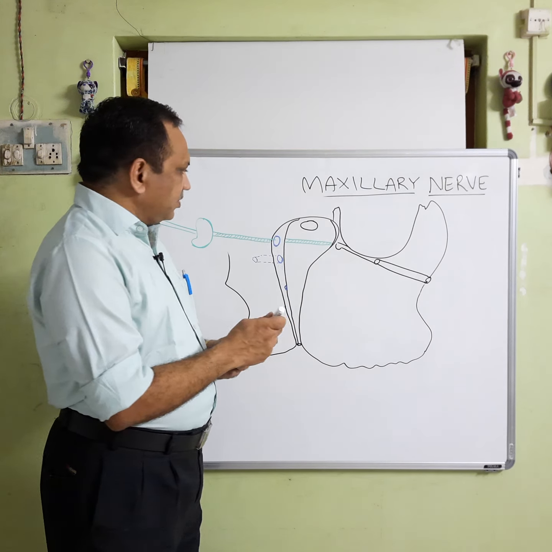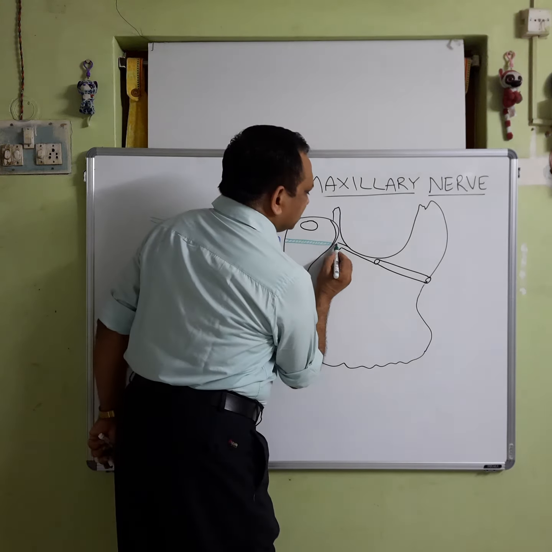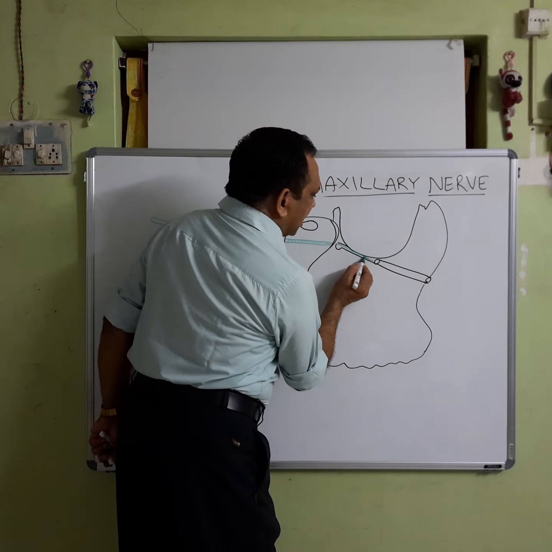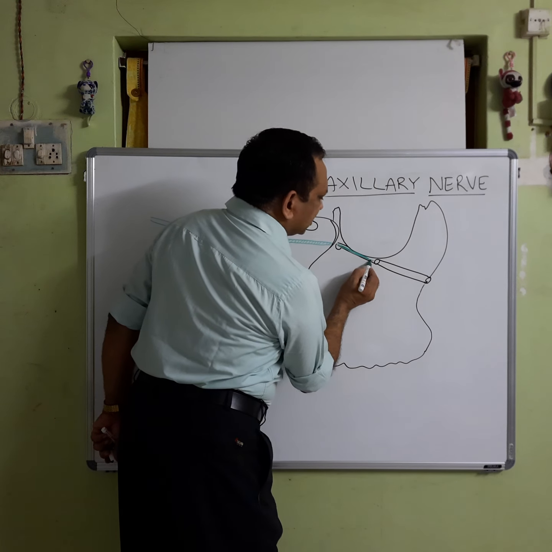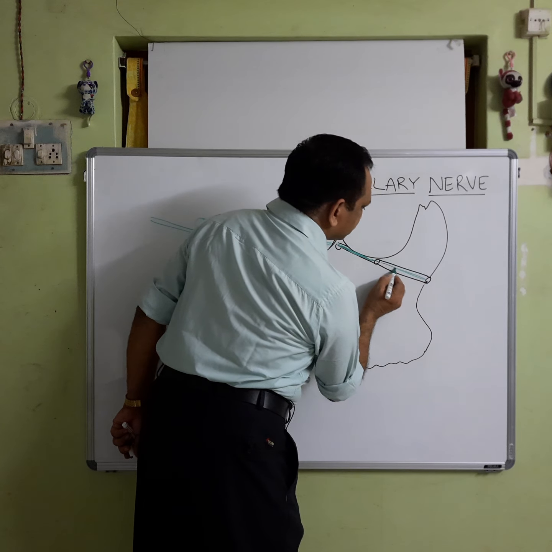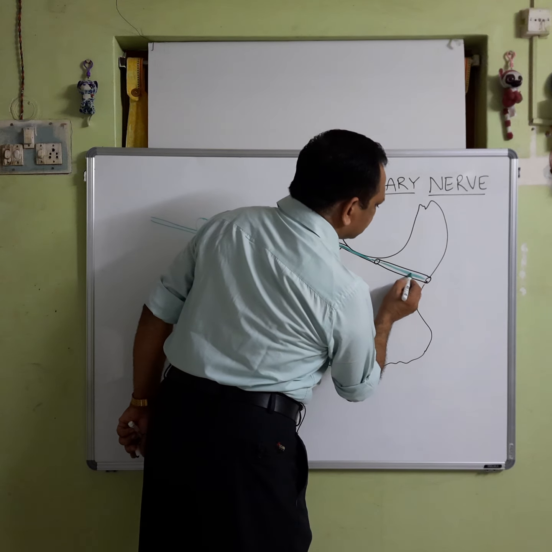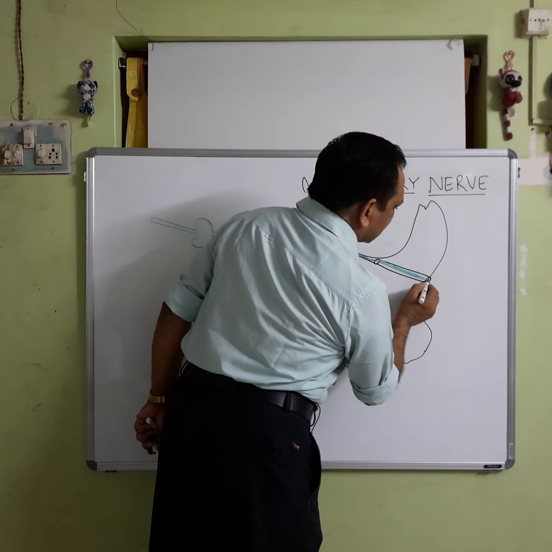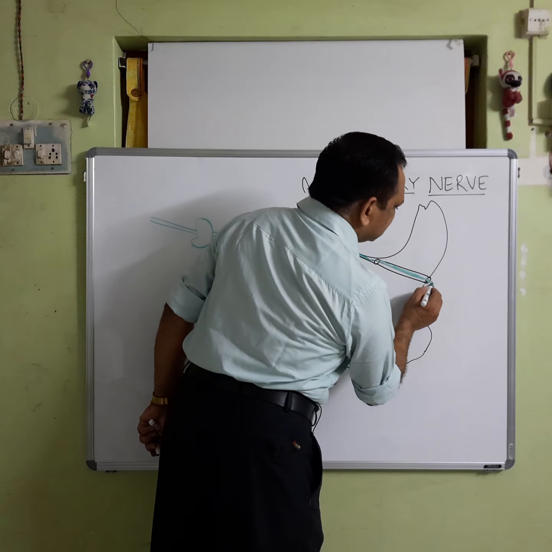So, this nerve passes through this groove first, it bends laterally here and passes through this groove and through this canal, then comes out onto the cheek.